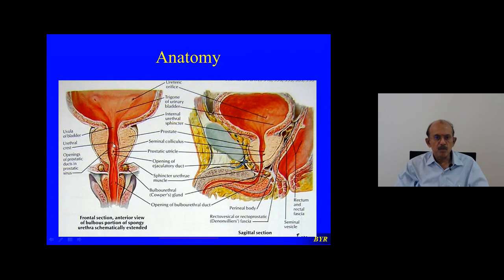This is called the posterior urethral crest. And at the junction of the bladder with the prostatic urethra, you will see a slight elevation. This is known as the uvula of the bladder. This is exactly situated at the apex of the trigone of the bladder. And the prostatic urethra has a number of openings. These openings are all due to prostatic glands.